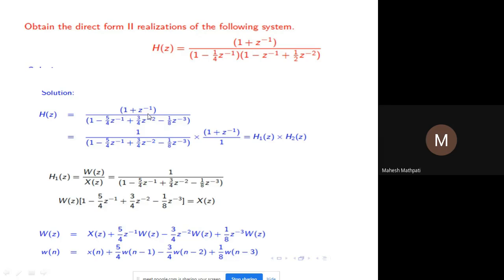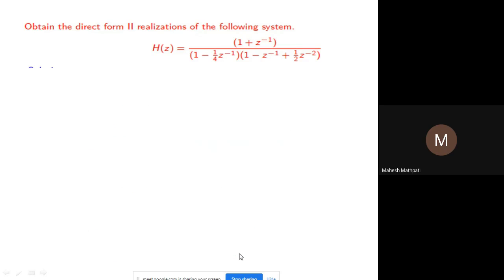The answer: 1 plus z inverse divided by 1 minus 5 by 4 z inverse plus 3 by 4 z power minus 2 minus 1 by 8 z power minus 3. Has anybody got this answer? Yes, sir. So go with our procedure now. Here he has done it with a difficult method, but you will go with our procedure.